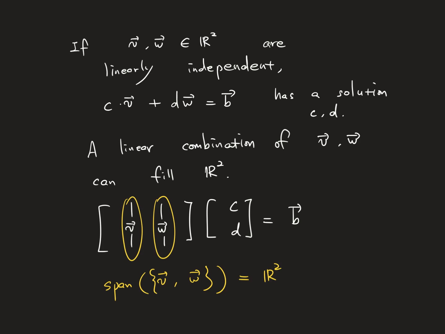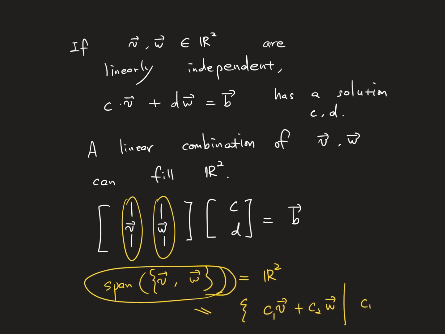The definition of the span is all the elements c1 V plus c2 W, with c1 and c2 in R.